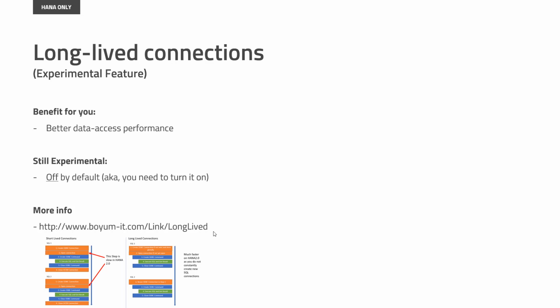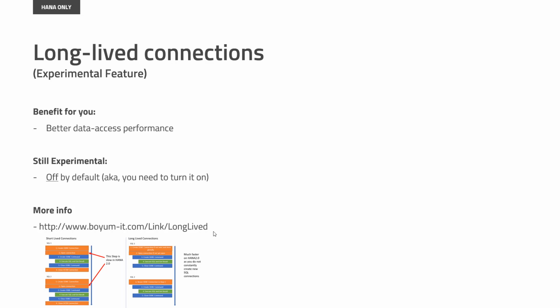B1 Up is not too impacted on this compared to other add-ons like, for example, CRM for Outlook, while BS and Protomix are not affected at all. But again, more in the link down here. The short of it is that the benefit for you is if you turn this on, because it's off by default, aka you need to turn it on, then you get better data access performance.